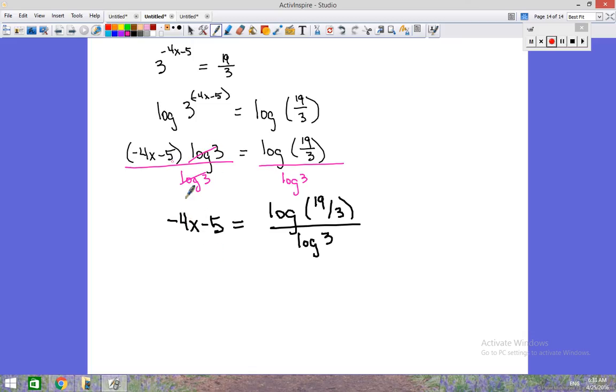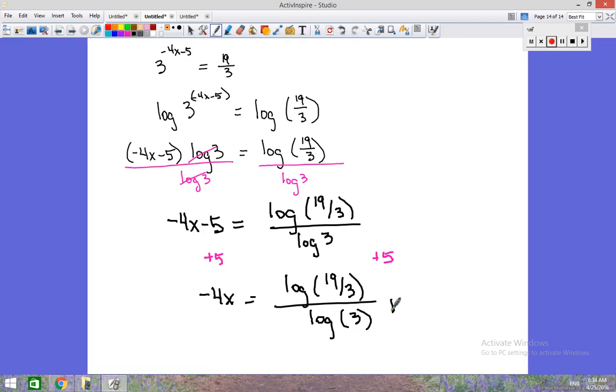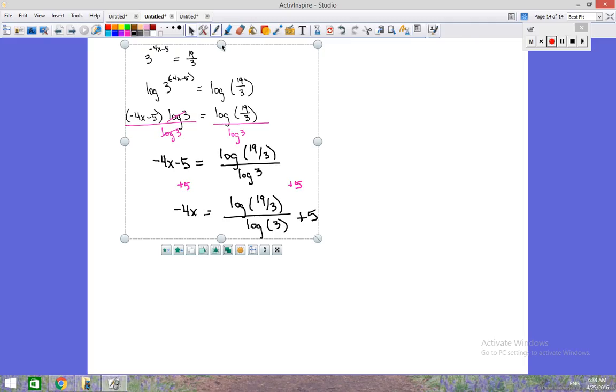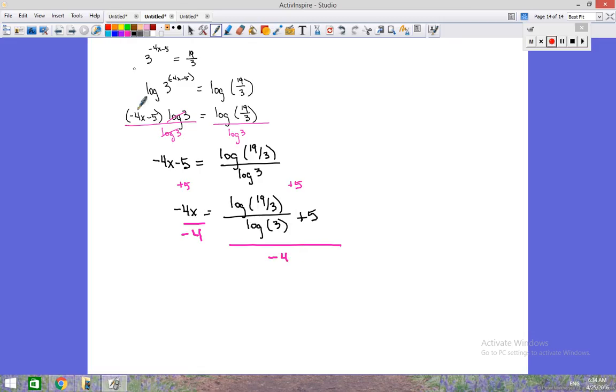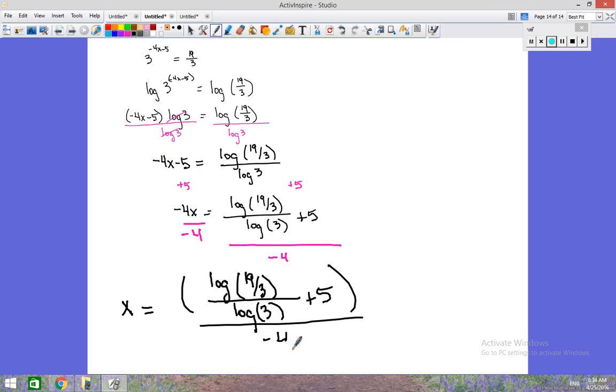If we add 5 to each side, and if we divide by -4, let's go to the calculator.